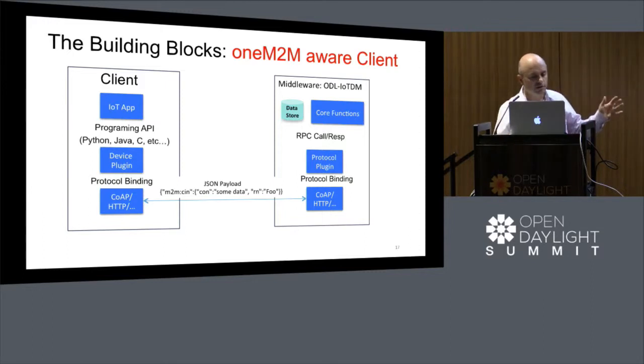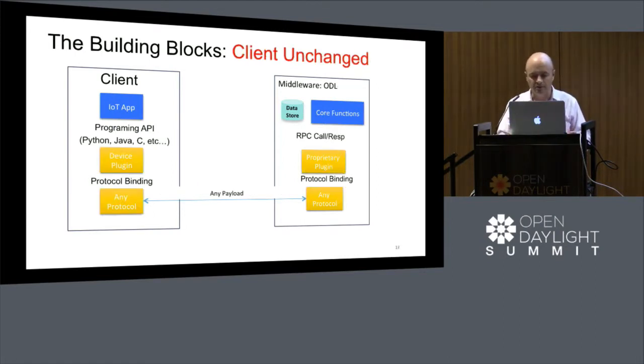So this is the easy situation. The client supports oneM2M, and we are oneM2M, but the reality is usually different. Mostly this is going to be the picture that people will be faced with, where you have a client that you cannot modify and you cannot put a oneM2M stack in it.